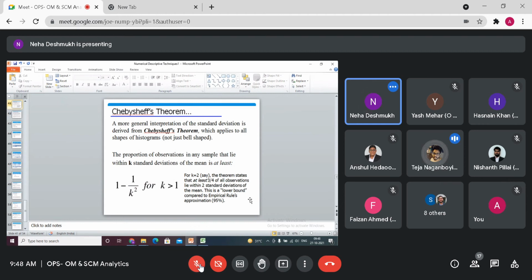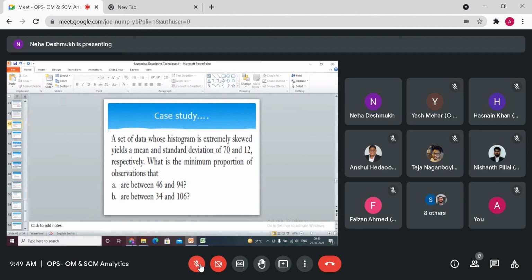Even though it's skewed, the mean value will be there for every data, and we can calculate standard deviations. But what if our area of interest is in that small part? Is there any theorem that explains this condition? No, there is no theorem for this. Okay, let's start from k equal to 2. Now let's solve this question.